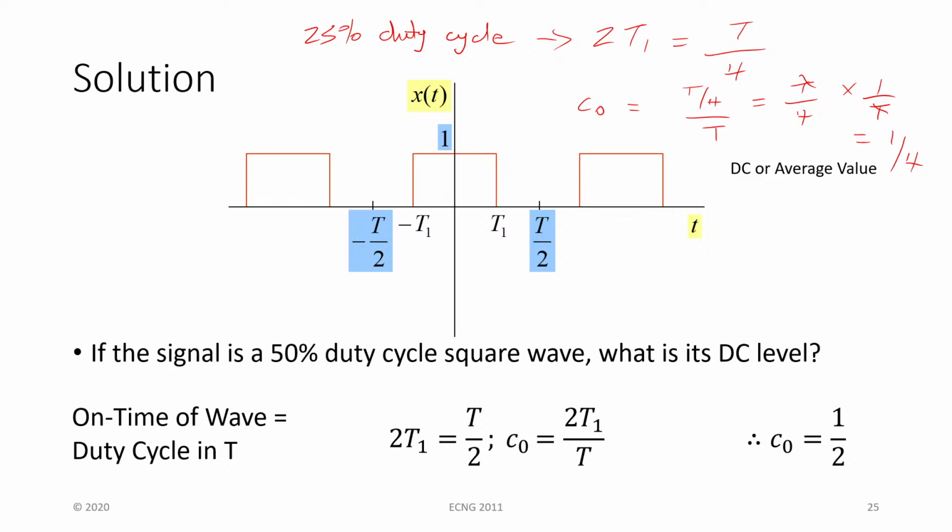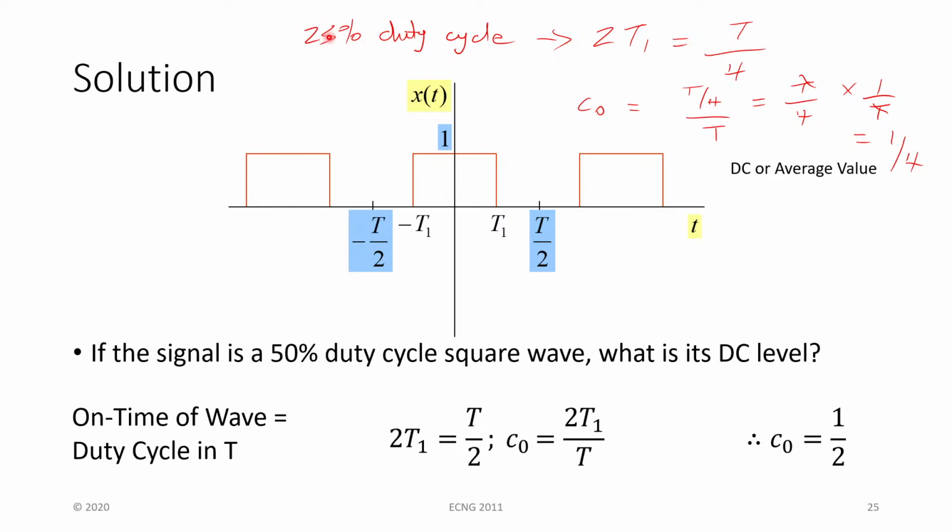So once you have a question asking for the DC level and they give you a duty cycle, you need to first make sure that the on time of the existing waveform is equal to that of the duty cycle in terms of T. As we saw, for a 25% duty cycle, the on time of the wave is 2t1, but for 25% it is T divided by 4.